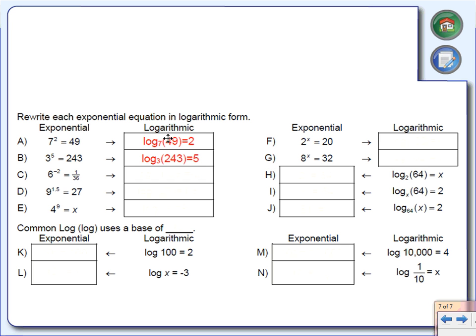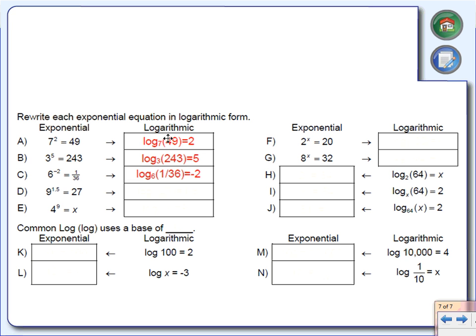Well, what do you see there? 1 over 36. That's what's going to go in the parentheses. 1 over 36 equals, what's the exponent? Negative 2. Therefore, you end up with this thing right here. And again, the way we're going to read that is log base 6 of 1 over 36 equals negative 2. You guys with me?